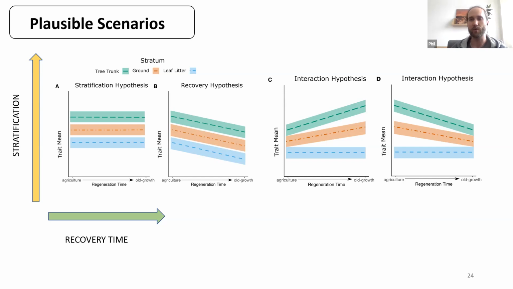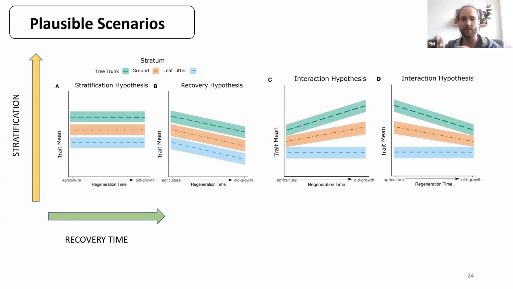If a trait gets shaped by both stratification and recovery, but recovery has the same effect on all strata, we would just see something like shown here. So for example, the ants get smaller across all strata equally. However, the more interesting and complex way would be a statistical interaction between both the stratum and the recovery.